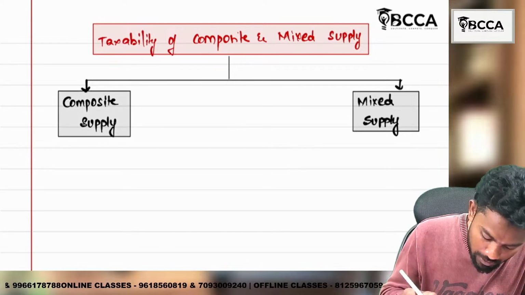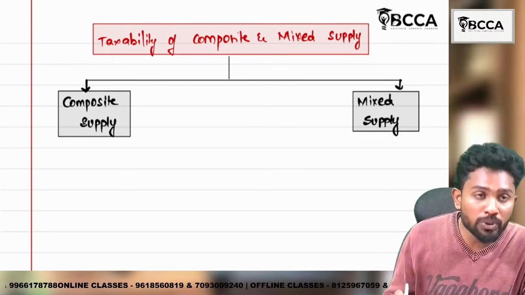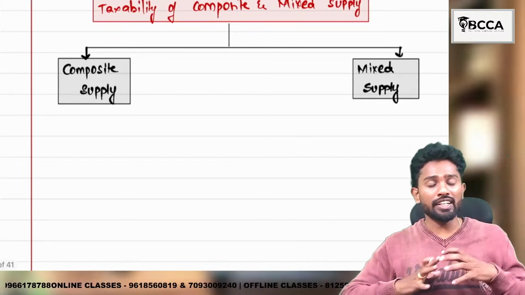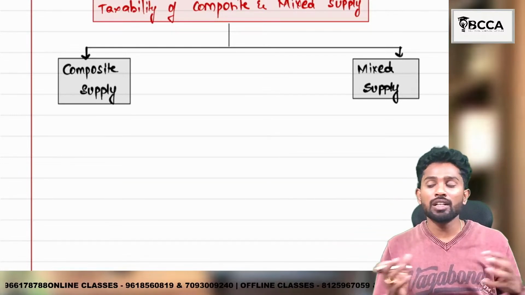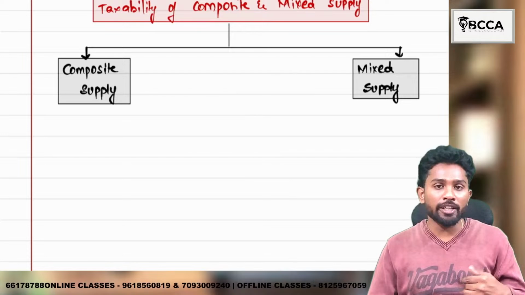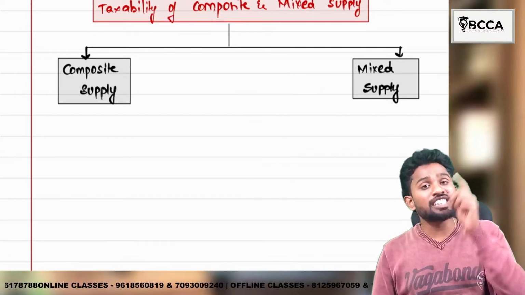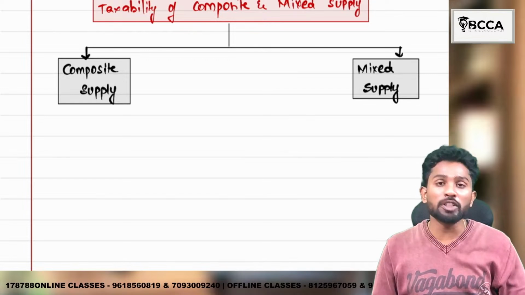If it is a composite supply, then how is it taxed? Treated as a whole bundle. Let's say in the transaction you are mixing three or four items and supplying them. If it is a composite supply, all those items are taxed at the same rate, the rate applicable to the principal supply.